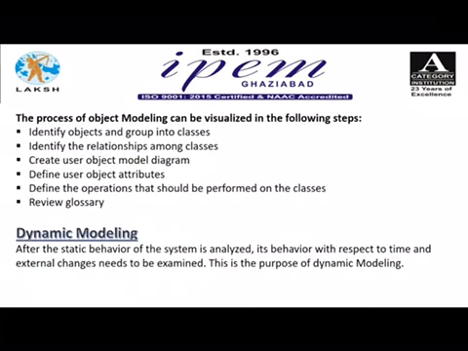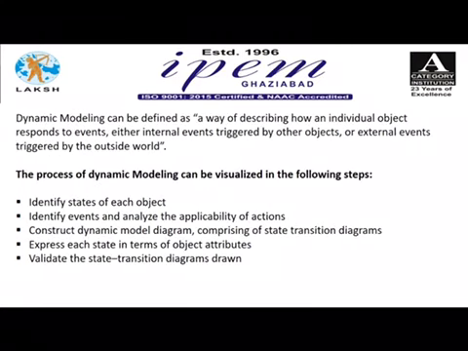There are some object modeling key points: identify objects and group them into classes, identify the relationships among the classes, create a user object model, etc. And second one is dynamic modeling. After the static modeling of the system is analyzed, its behavior with respect to time and external changes needs to be examined.